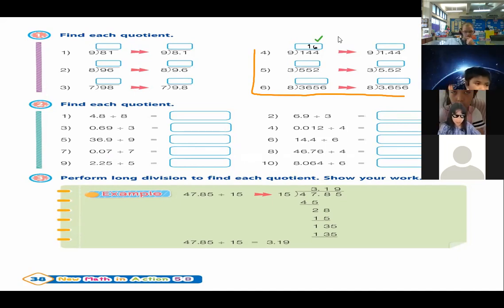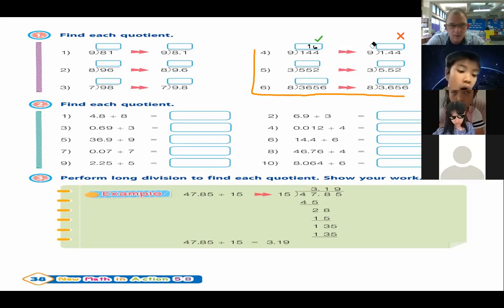The first one there is correct. 16. The second one is not correct there.